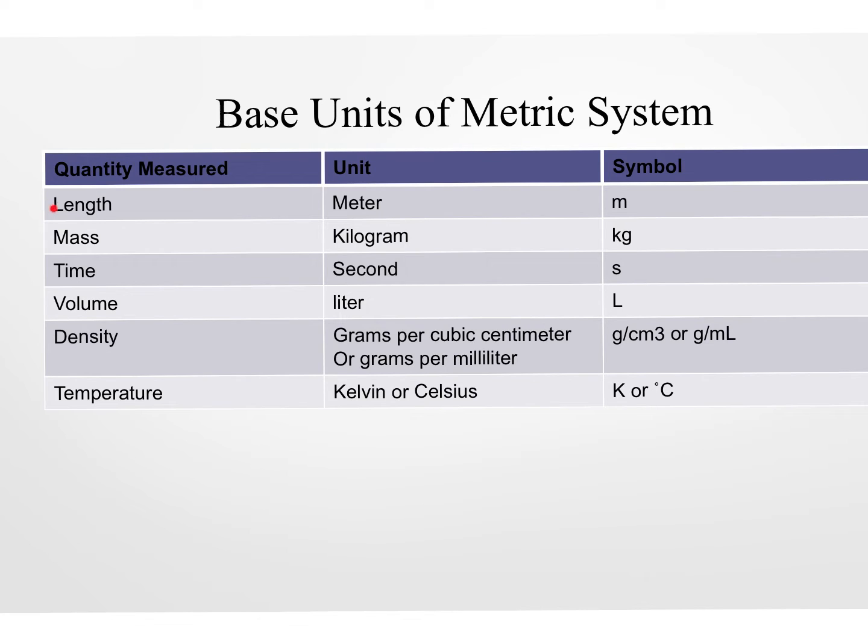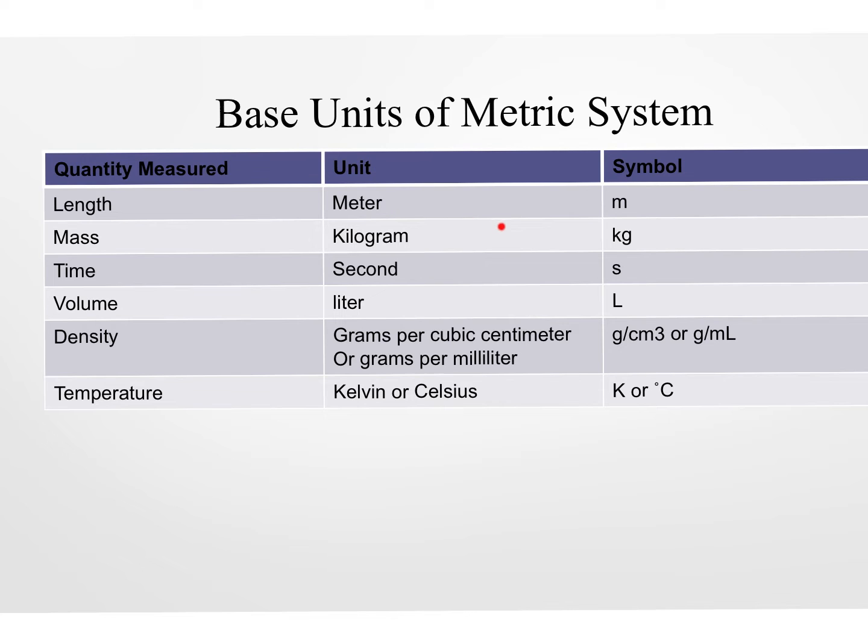So when we measure the length of an object, the base unit of the metric system is meter. And then the symbol for meter is just a lowercase m. Now let's say we want to measure something really tiny like the width of your pencil. Meter is probably too big, so what would you measure in instead of just a meter?